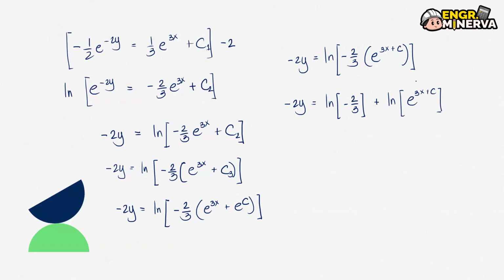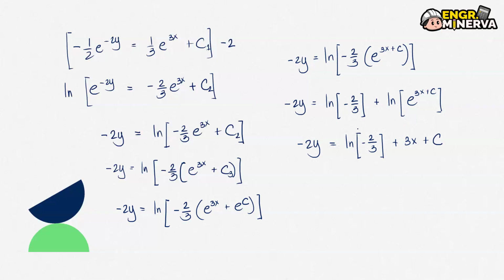And eventually, that would be negative 2y equals ln of negative 2/3 plus e, this would now be 3x plus c.